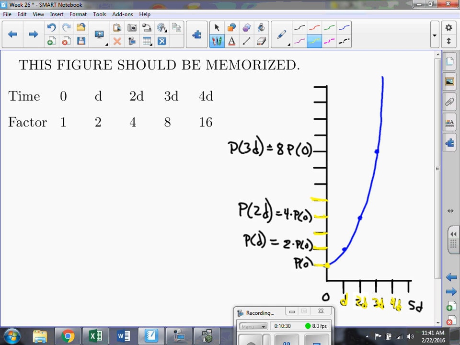So if my doubling time is 6 months, these horizontal tick marks are not 1 year, 2 year, 3 year, 4 year. It's 6 months, 12 months, 18 months, 24, 30. This is a model that should be memorized so that you have a proper understanding of the doubling time model.